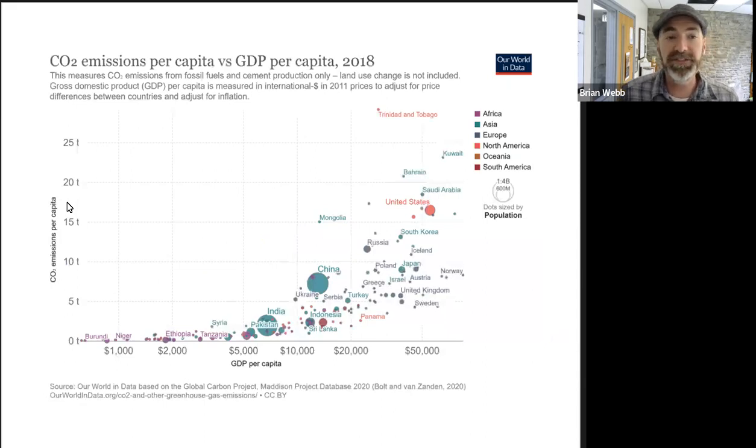In contrast, we do see significant correlations between increasing income and increasing carbon emissions. So this is just one measure of environmental impact, CO2 emissions per capita. And we see, as you would expect, and we'll talk more about this particular metric later, that as incomes go up, carbon emissions go up, and they continue to go up.